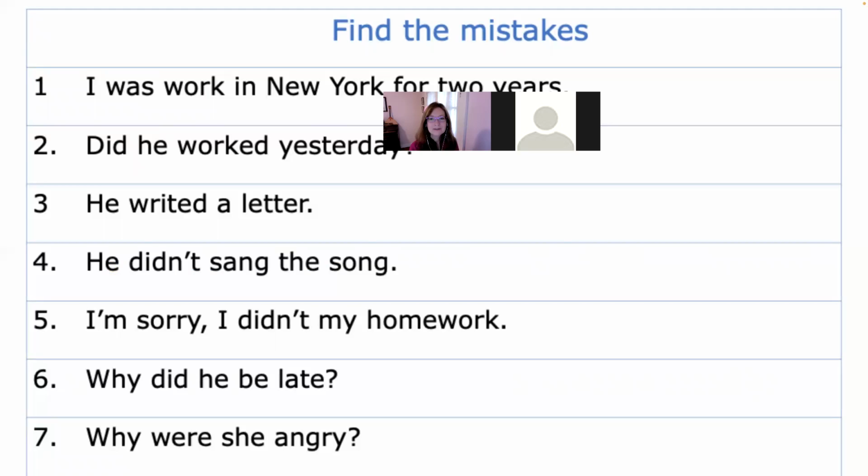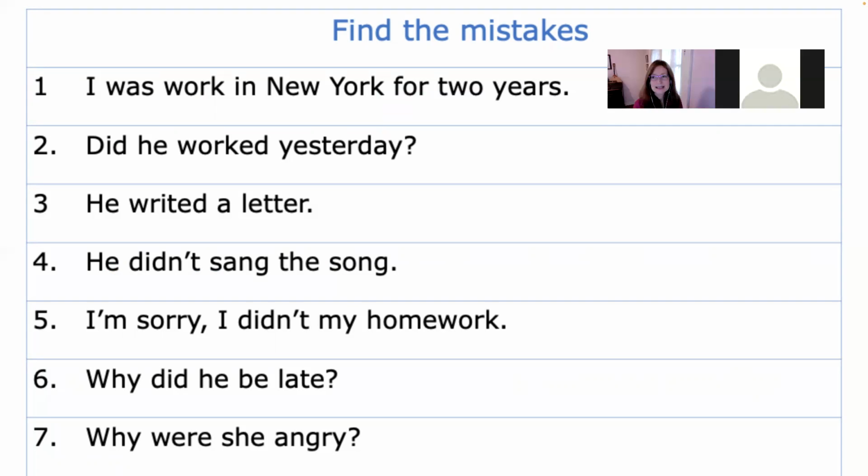And so finally, I have some examples of sentences that have common mistakes. And so you can see here, each of these have mistakes that students often make. For example, in number 1, we've got, I work in New York for 2 years.